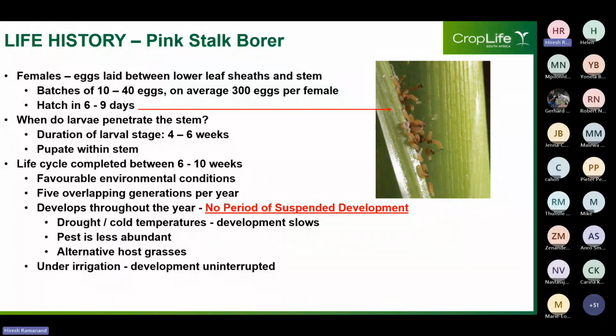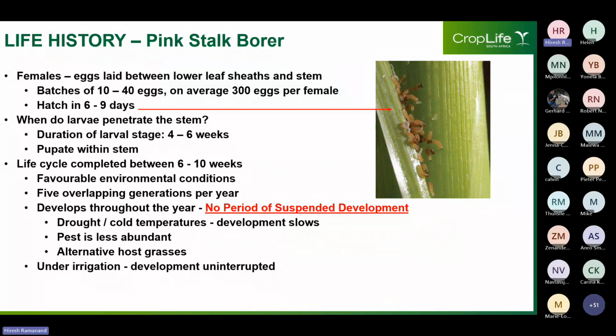Larvae remain inside the stem or ears of the maize plant until they pupate. Development of the larvae takes 4 to 6 weeks. Sesamia calamistis remains in the pupal stage for 10 to 12 days, after which the adult moth emerges and is ready to mate. Pupation mostly takes place within the stem, but can also occur between leaves. As mentioned, moths are active during nighttime and live between 2 to 14 days.